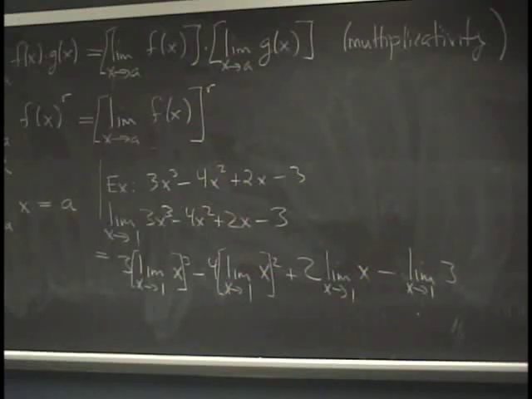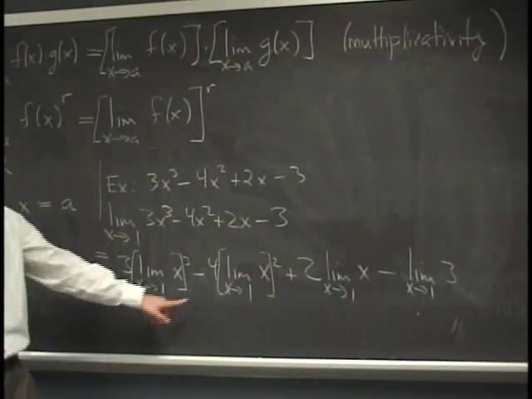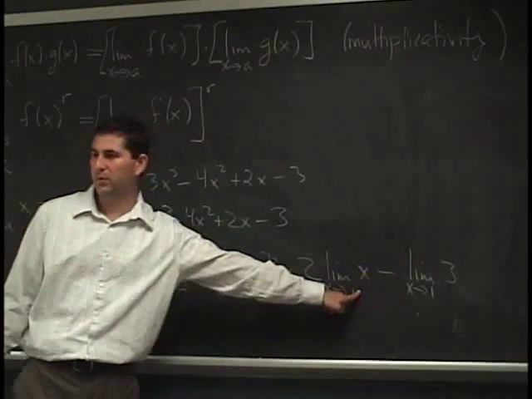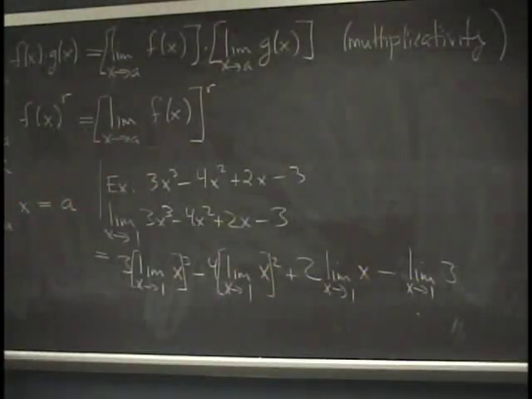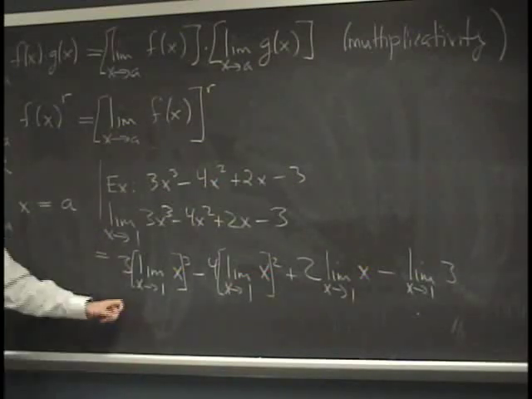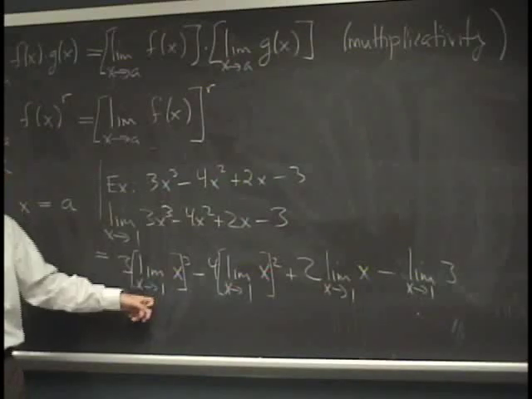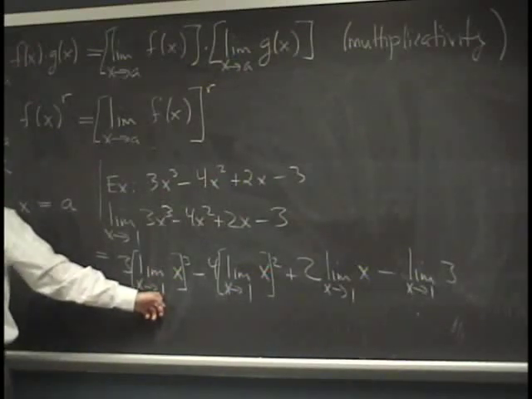Okay, so these first 3 terms are now completely determined by property E. That's the beauty of this property E when coupled with all these other properties: you take any polynomial and you can immediately rewrite it in terms of limit of x, and then you can just plug in the number. In essence, this proves continuity of polynomials.